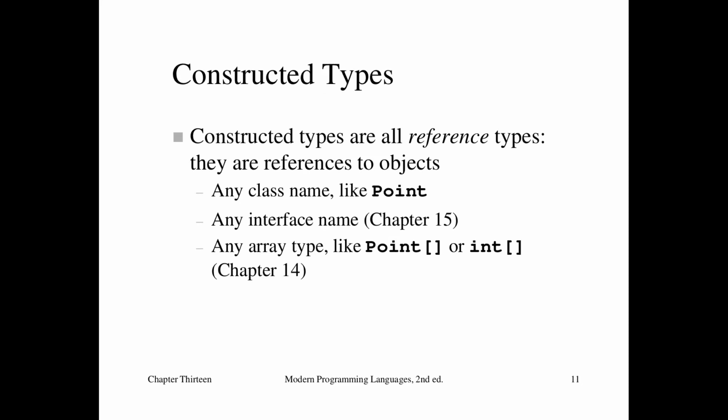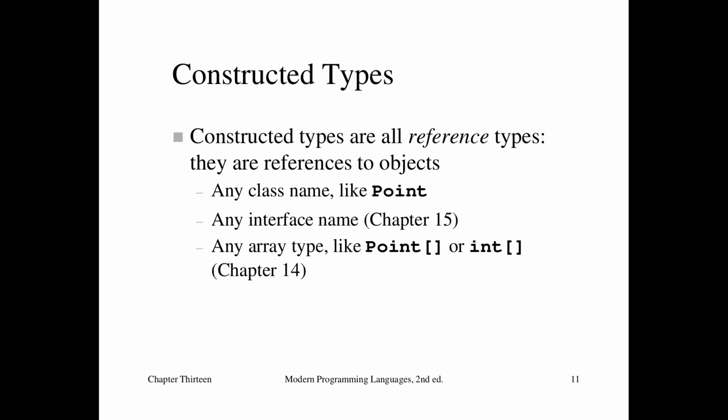So those are primitive types, right? We know that there's an enumeration and we know exactly what they are. And so anything else in Java is an object, or a constructed type. That includes string. It includes pretty much anything else that you've ever seen in Java. So constructed types are all reference types or object types, right?